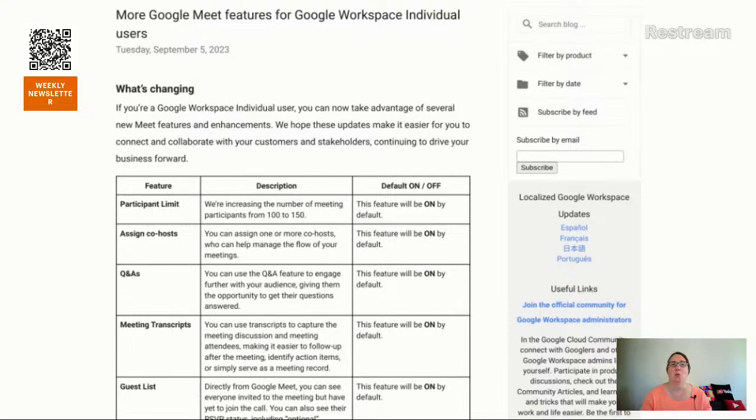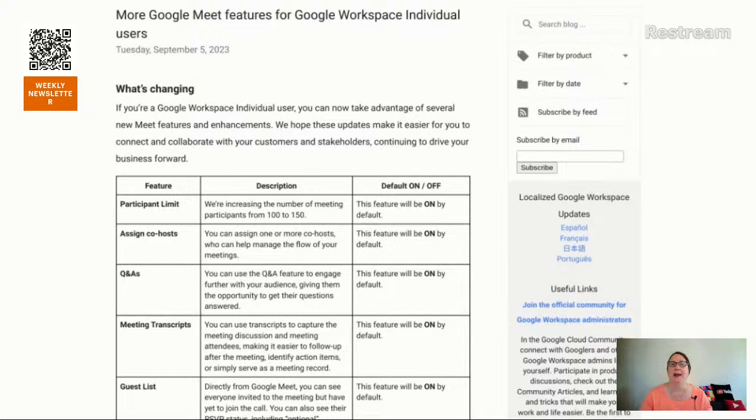For Google Meet, what they are adding is an increase in the participant limit of meetings that you host from 100 to 150. You can assign co-hosts, which I think is really a big deal, especially if you have a meeting with 150 people, you assign a co-host who can manage things while you're presenting or talking. You can record meeting transcripts in addition to recording or live streaming to YouTube.